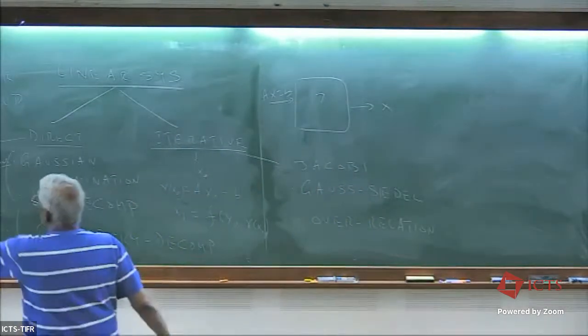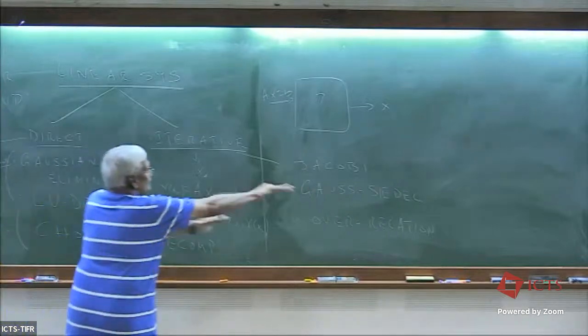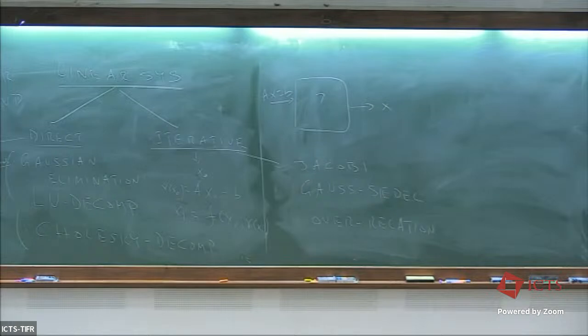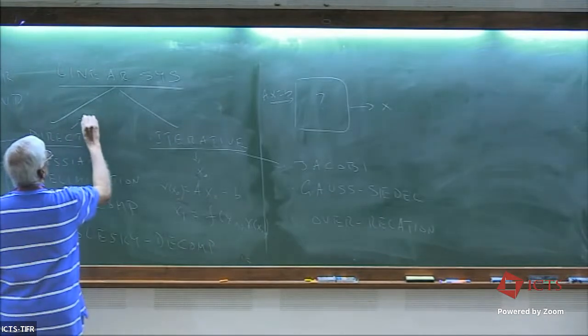So you can solve the system by one of several algorithms. Direct techniques, iterative techniques. Direct technique is a black box. Most of the direct techniques, the time complexity is of the order of n cubed.